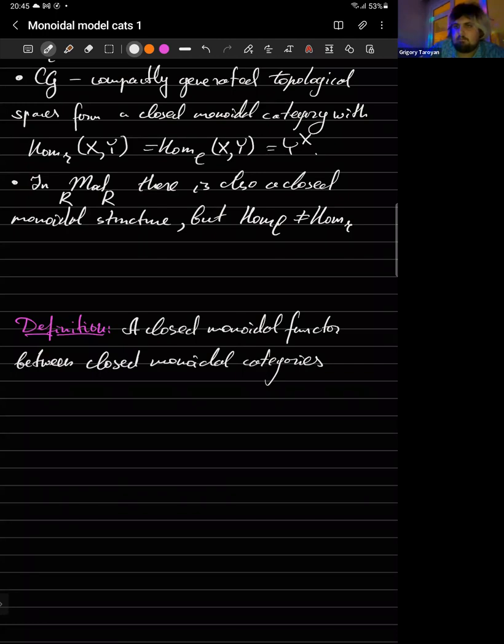But I guess if we try the usual formula and take homomorphisms over R from X to Y, no, I actually don't know how to proceed with this example.